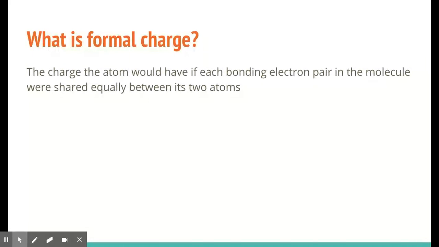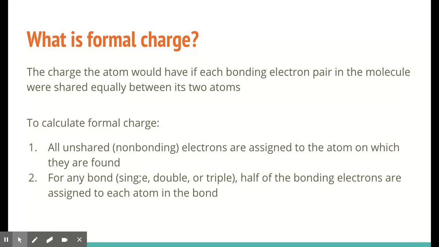So how do you calculate it? First thing, you need to know all unshared or non-bonding electrons. They are assigned to the atom on which they are found. For any bond, single, double, or triple, half of the bonding electrons are assigned to each atom in the bond.